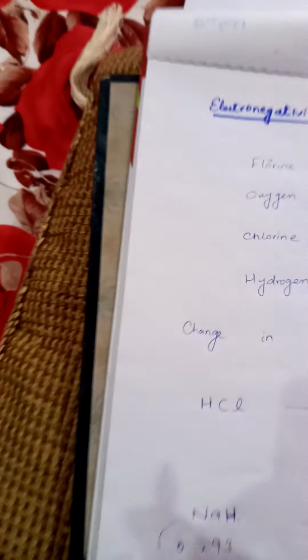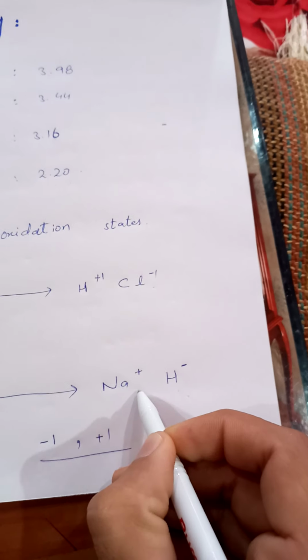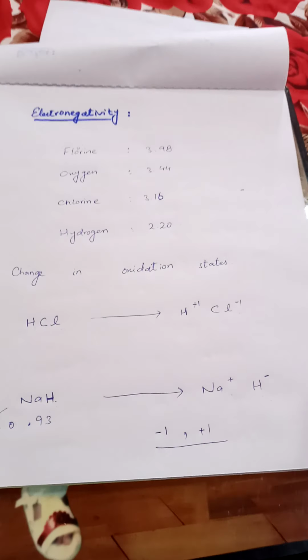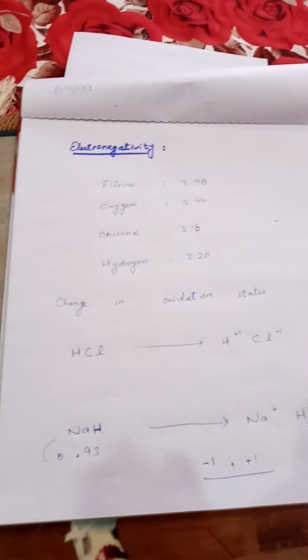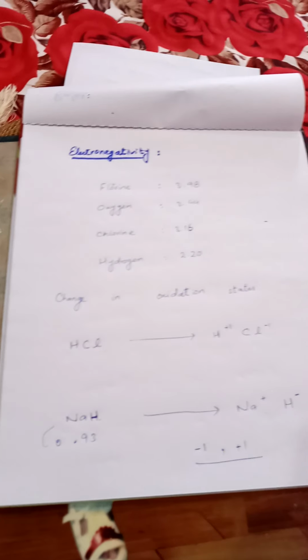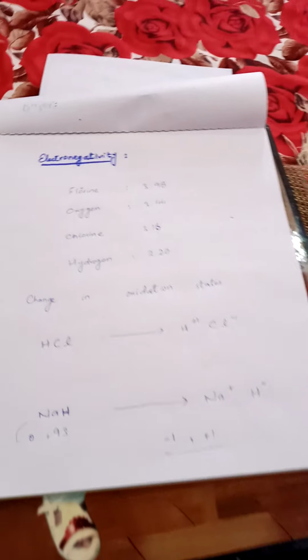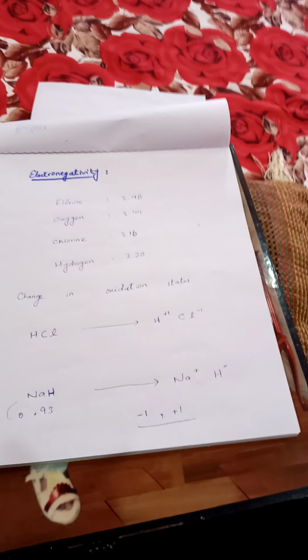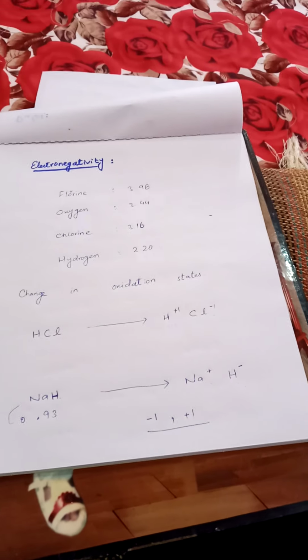In this case, hydrogen will gain the electron and sodium will lose the electron. The result is that the loss and gain of electrons depends on the electronegativity of the elements. Less electronegative elements always lose more electrons.